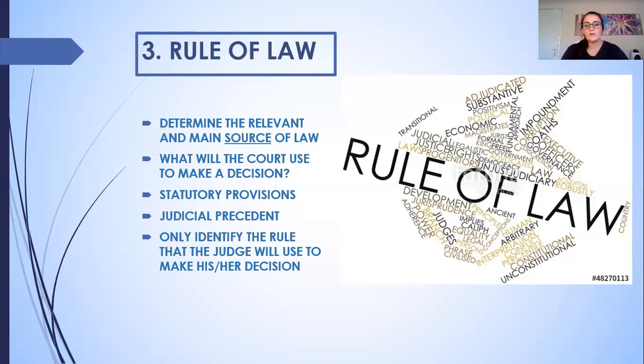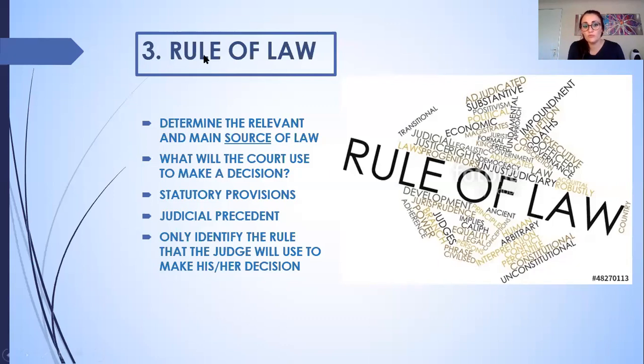The heading is the rule of law, which refers to the rules. What legal rules are applicable in deciding a case or in summarizing a case? What are the sources? What are the rules that need to be looked at in a specific case? So it's literally what it says.